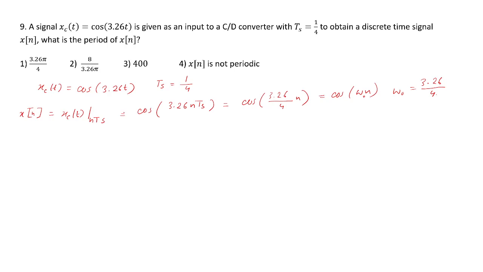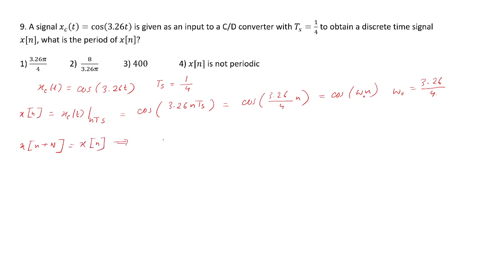Now if x[n] is periodic, in order for x[n] to be periodic, x[n + N] should be x[n].